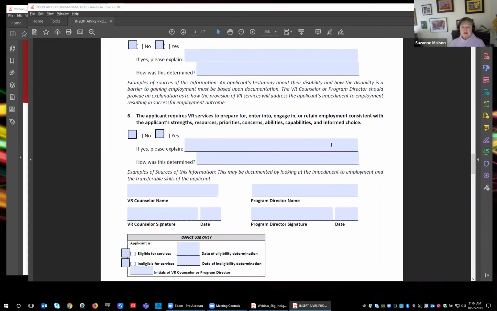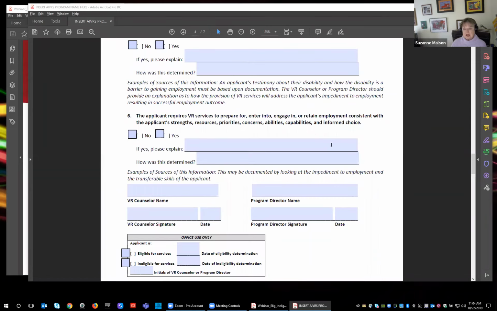Basically, that takes the theme of the RSA purpose statement, and all of these adjectives need to be addressed when you're considering somebody for eligibility into the program. And we can explore that a little bit more if you would like.